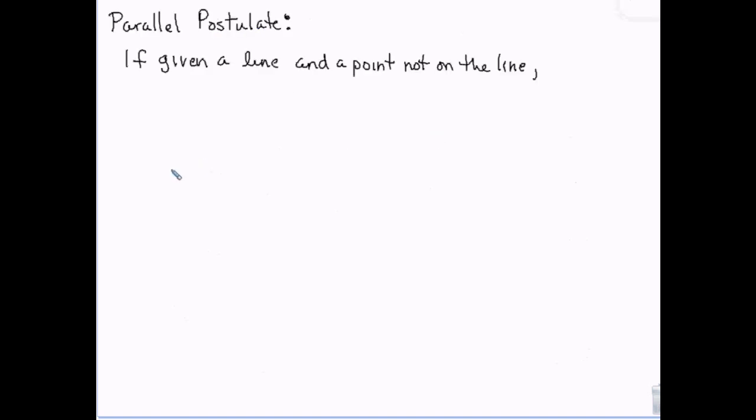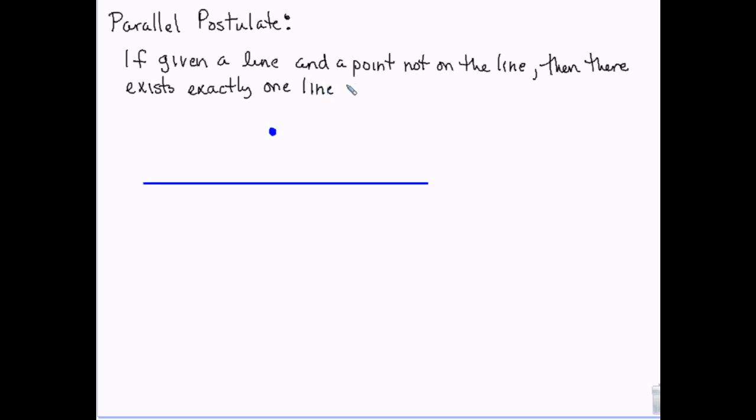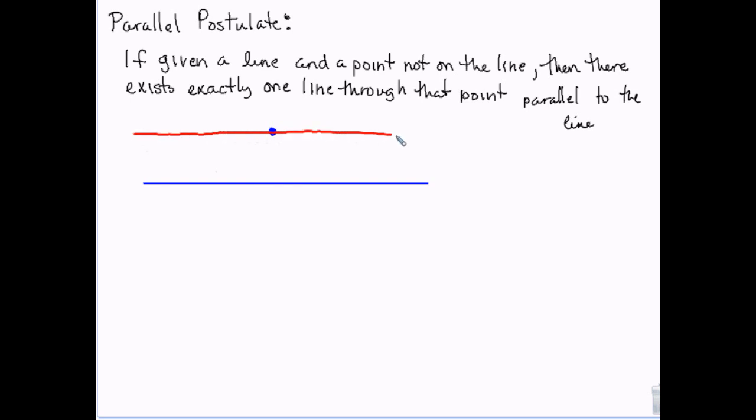Okay, the parallel postulate. If I'm given a line, and I'm given some point that's not on the line, so I'm given a line and a point that's out somewhere else in space, then there's only going to be one line through that point that's parallel to the line I had.